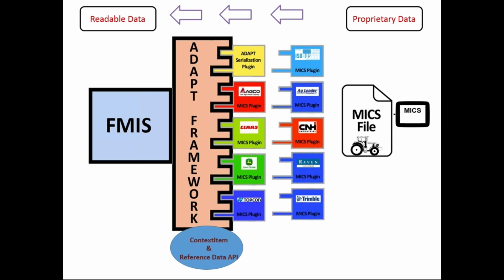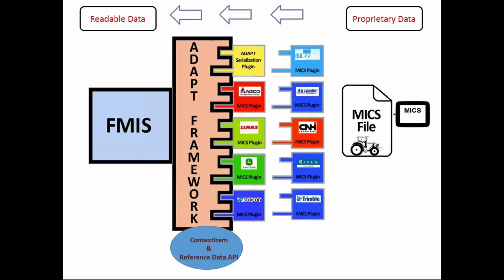Also, you see the ADAPT serialization plugin, and we'll demonstrate how that works later, but that's basically moving ADAPT format data from one FMIS to another FMIS. We also have an ISOBUS plugin that has been built. Those two plugins at the top are actually open source solutions, and we expect many more open source plugins to be added to this framework later on, which will make the ADAPT capabilities even more valuable.